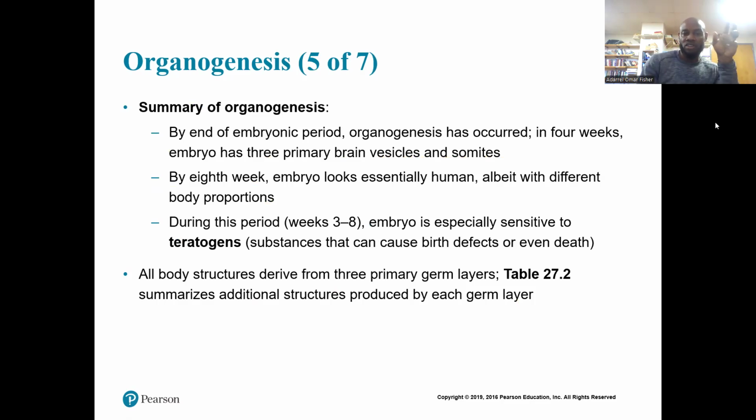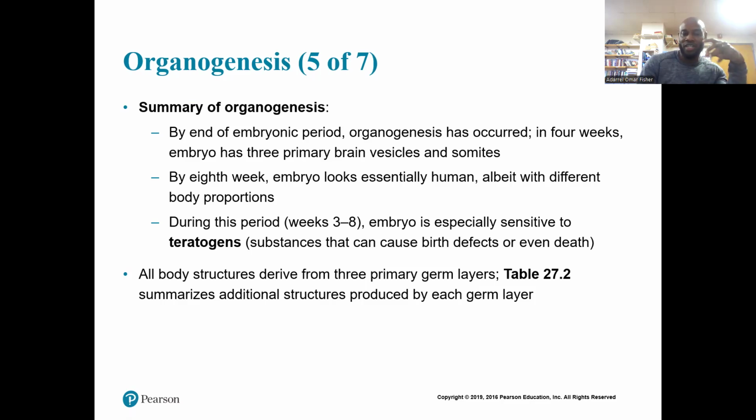So by the end of the embryonic period, organogenesis has occurred. At 4 weeks, embryo has 3 primary brain vesicles. By 8th week, embryo looks essentially human. And during this period, weeks 3 to 8, embryo is especially sensitive to teratogens, birth defects, even death.